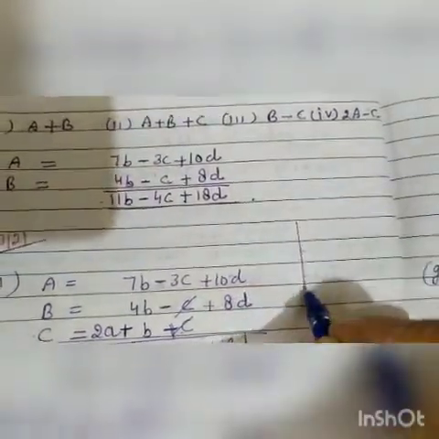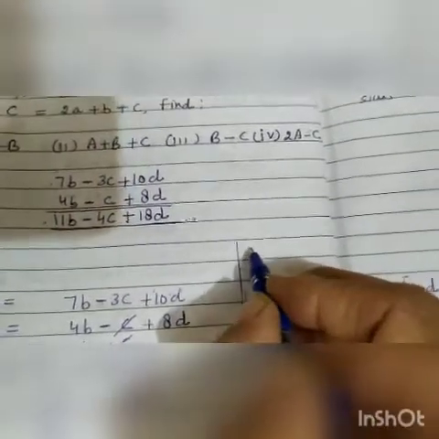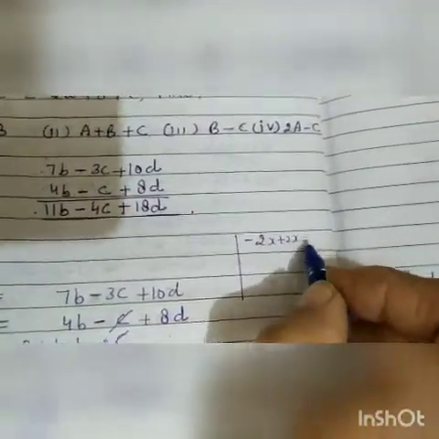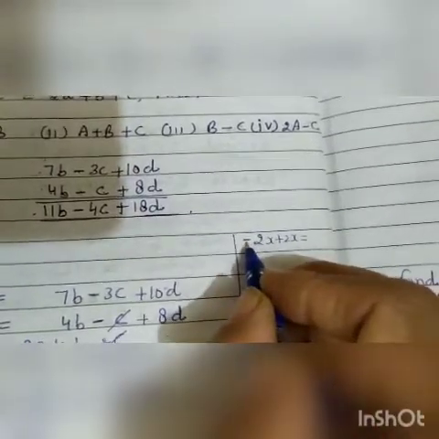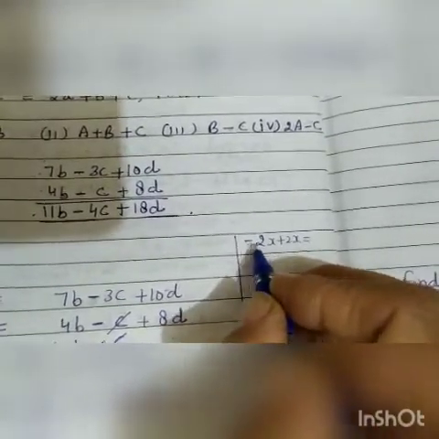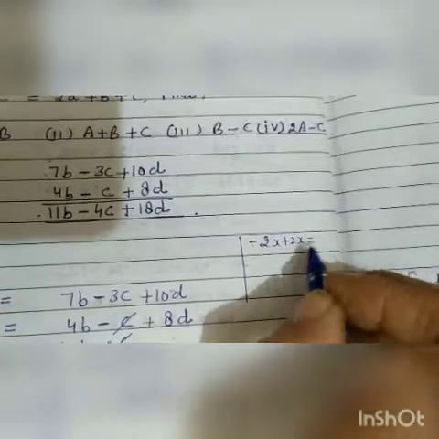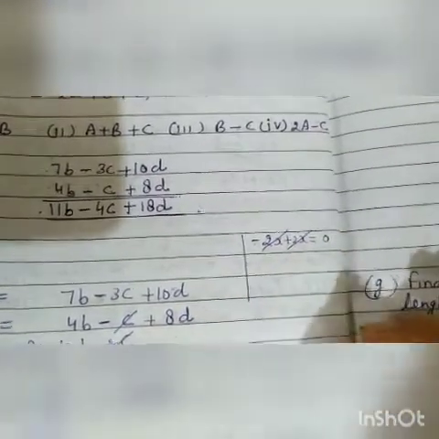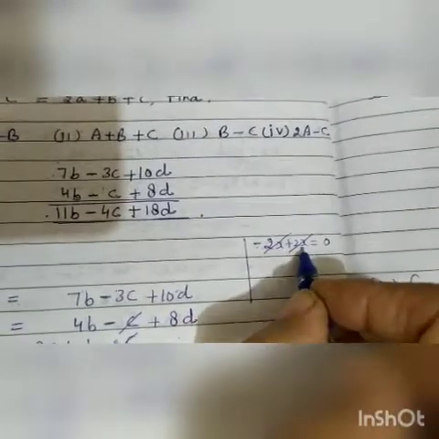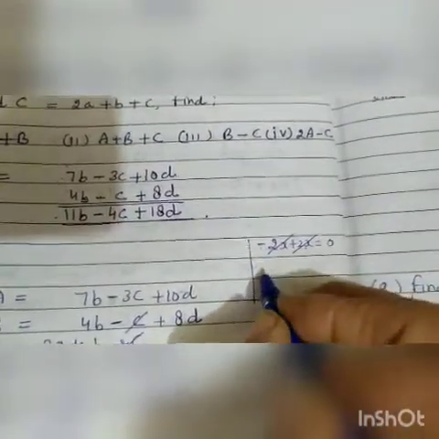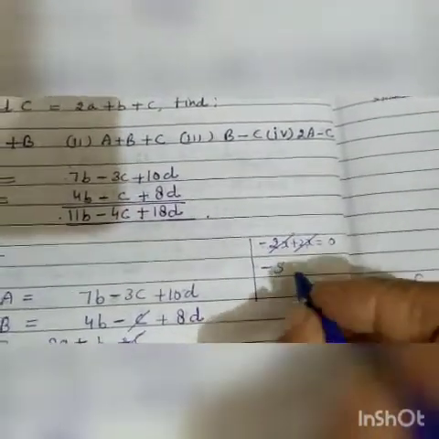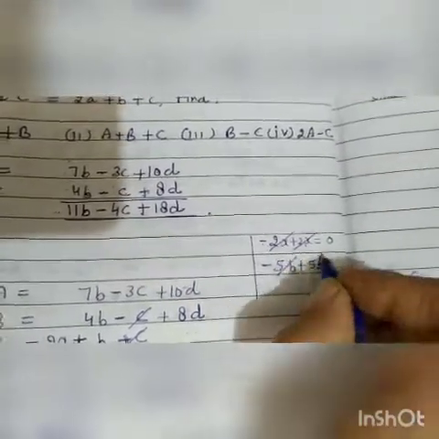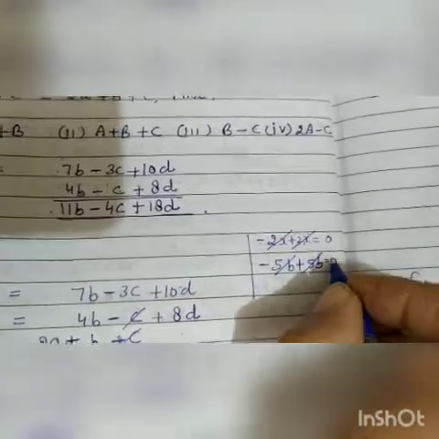Students, I told you earlier also, always remember, if it is suppose minus 2x plus 2x, both the numbers are with different sign, so we will subtract them. Means 2 minus 2, 0. So we will not write 0, we will simply cancel it. Suppose it is minus 5b plus 5b, again they will be cancelled, equal to 0.